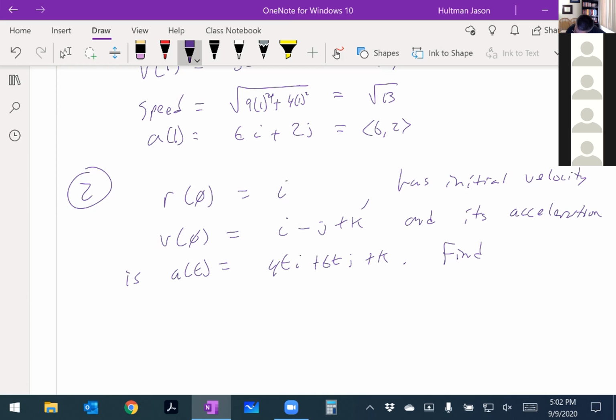Find its velocity vector function and its position vector valued function.